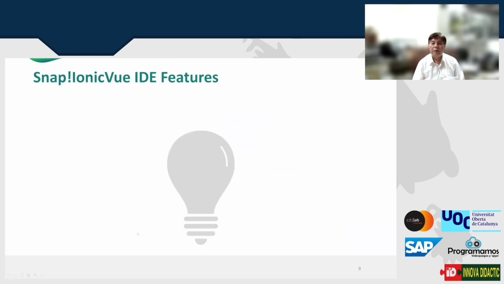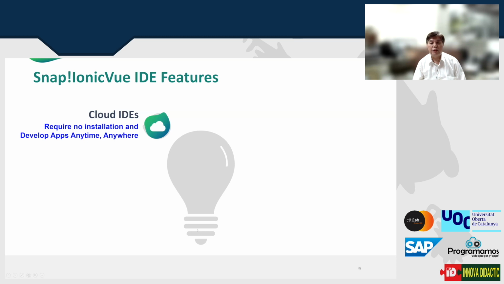The feature of this tool is that it is cloud-based, so there's no need to install anything at all. You can develop your app or web anytime, anywhere, and it is a single code base.